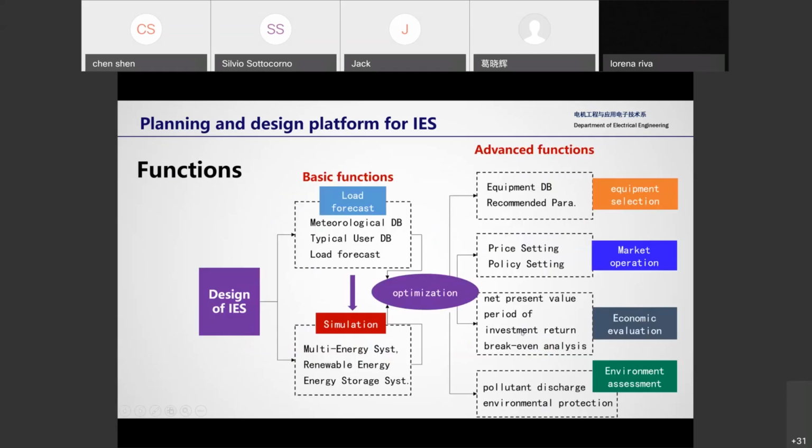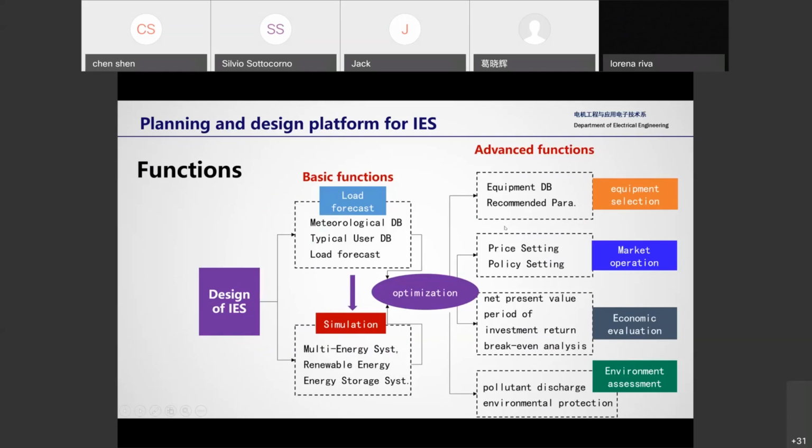The platform has many functions. For example, load forecast. This load is not only electric load, but also some heat load and cold load. The platform can do simulations. It can do equipment selection, market operation, economic evaluation, and environmental assessment.